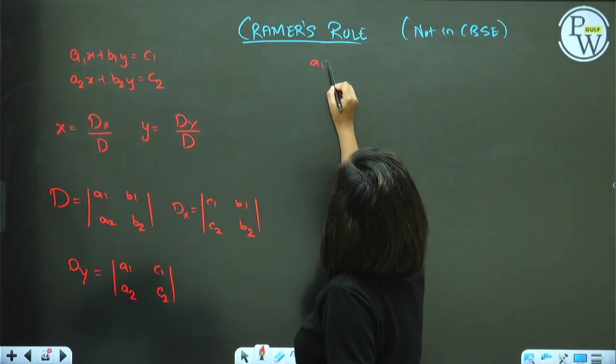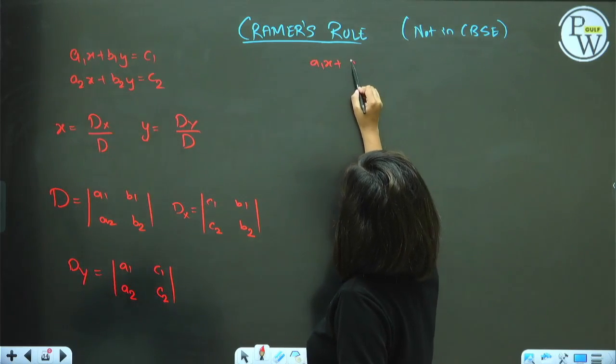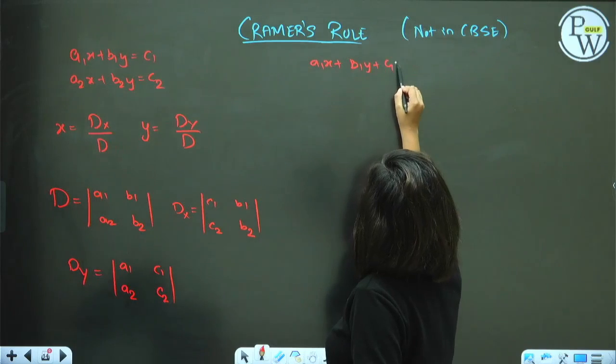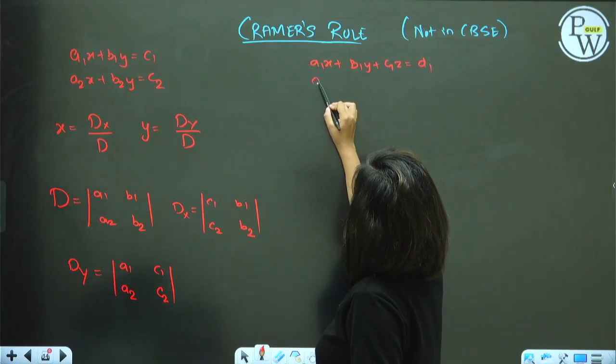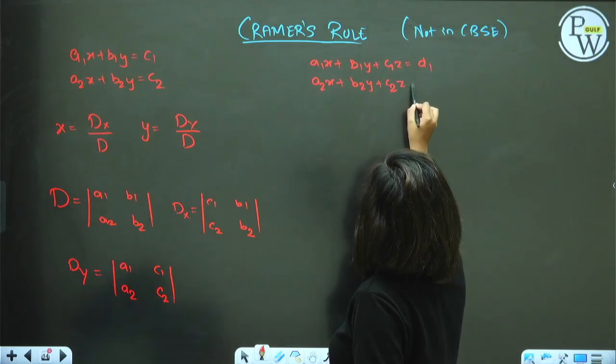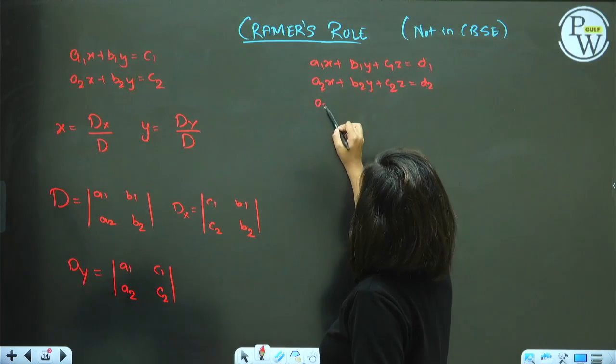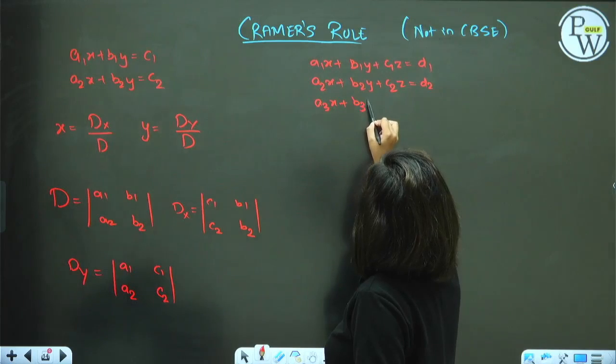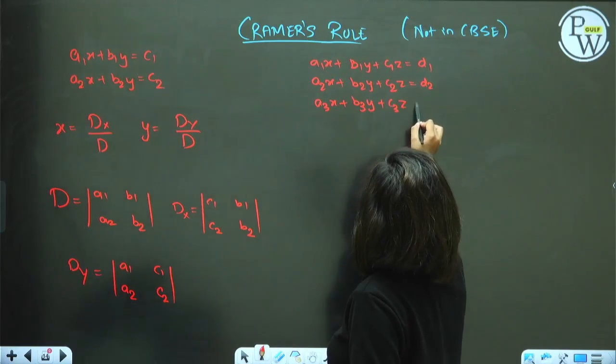If you have three variables: a1x plus b1y plus c1z equal to d1, a2x plus b2y plus c2z equal to d2, a3x plus b3y plus c3z equal to d3.